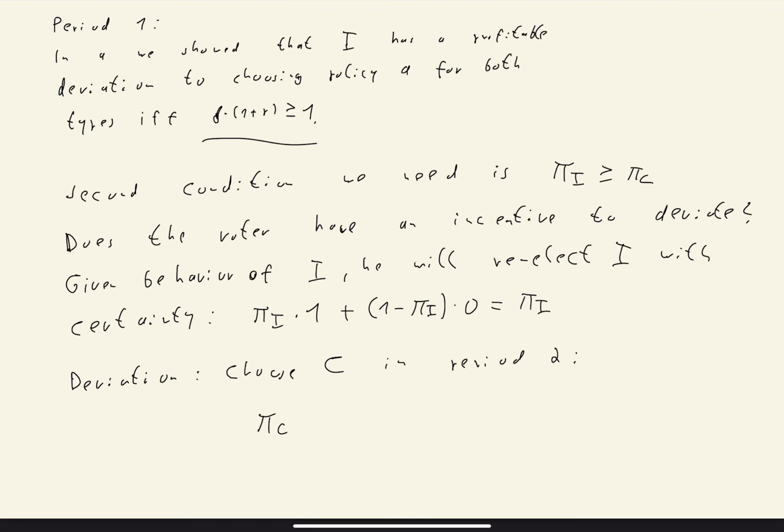It's the ex ante belief of the challenger being of a congruent type times the utility, which I just said is equal to 1, plus 1 minus the probability of the challenger being of a congruent type times 0, and this is equal to pi c, the ex ante belief of the challenger being a congruent type.